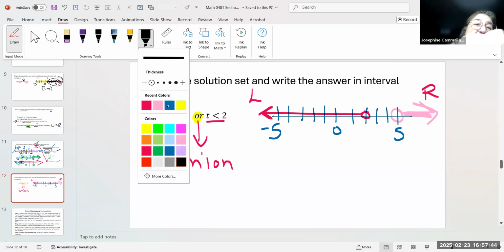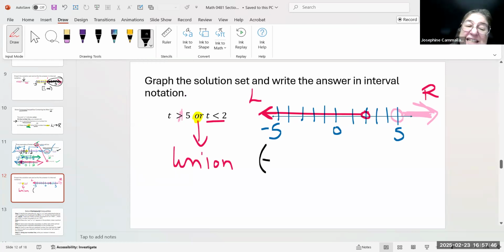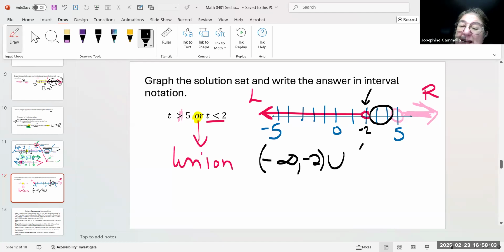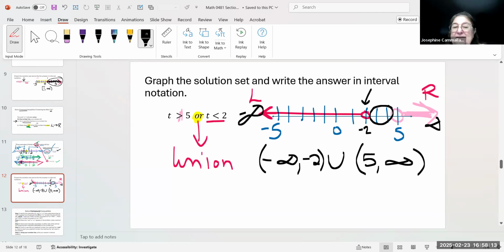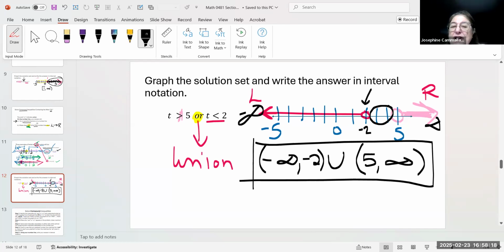Well, remember, way over here at the left is -infinity, and I'm going all the way to this dot, which is -2. Now, how do I account for this blank area? I put the U, and then I go 5 all the way out to +infinity. This is my interval notation.